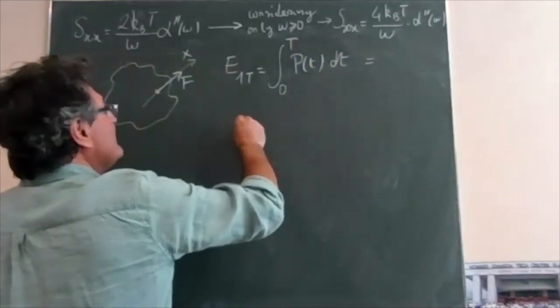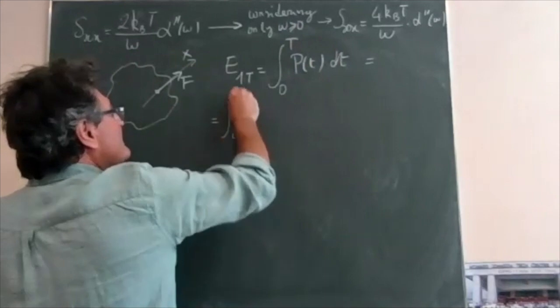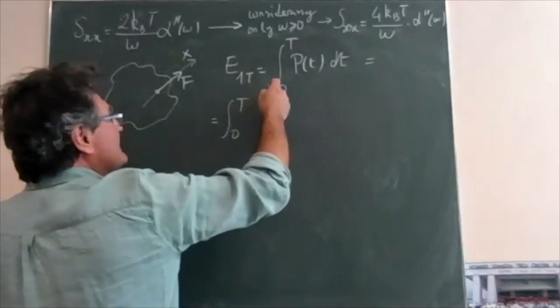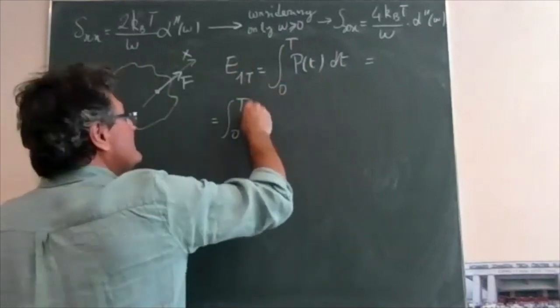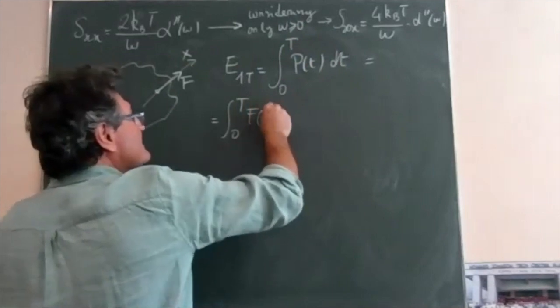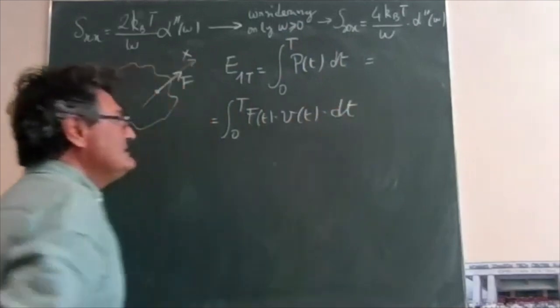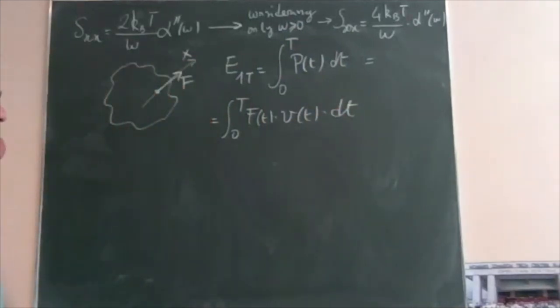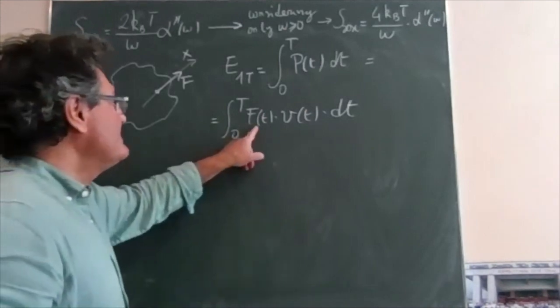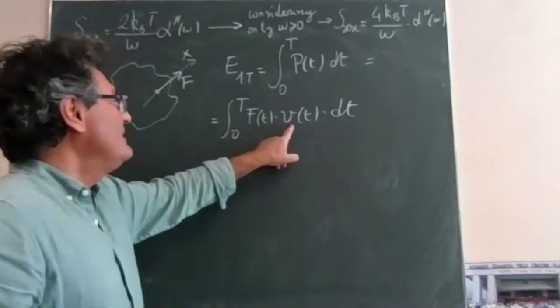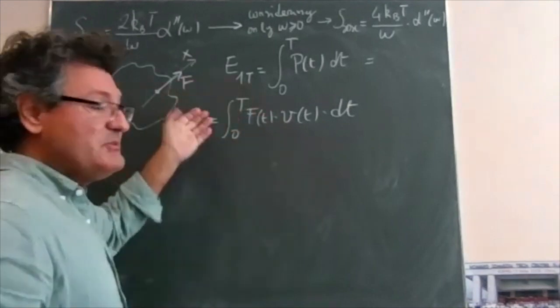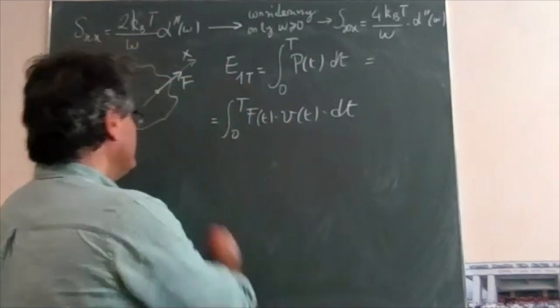The instantaneous power is the force times the speed v. The force is the external excitation, and we know the response.